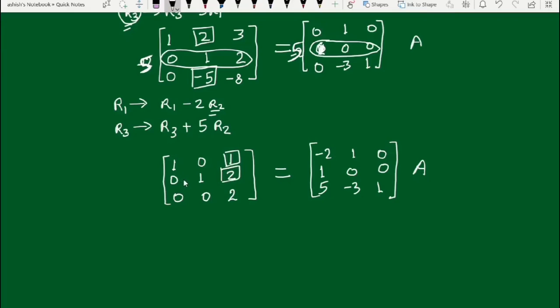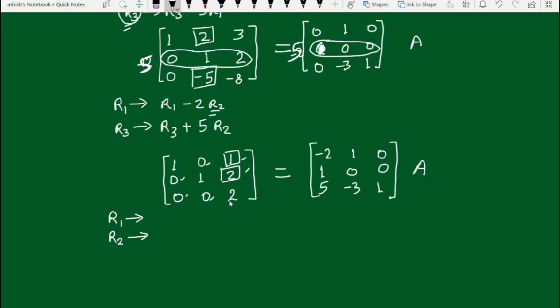First we find the transformation for this and this, that is 0, then this and this. After this it changes into I, that is R1 replace and R2 replace.